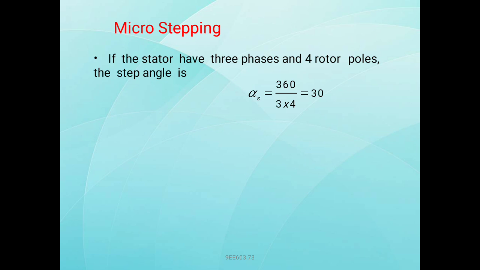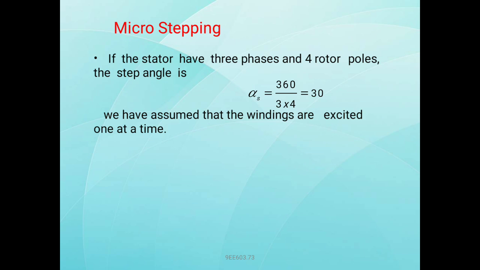So here, micro stepping. If the stator has 3 phase and 4 rotor poles, the step angle alpha s is equal to 360 by 3 into 4, that is 30 degrees.